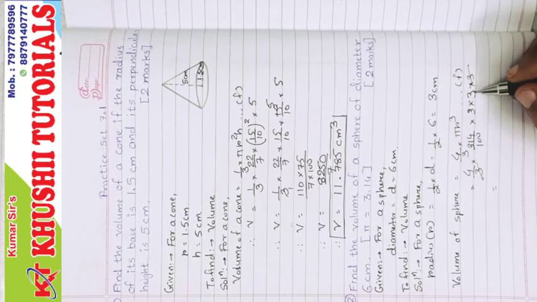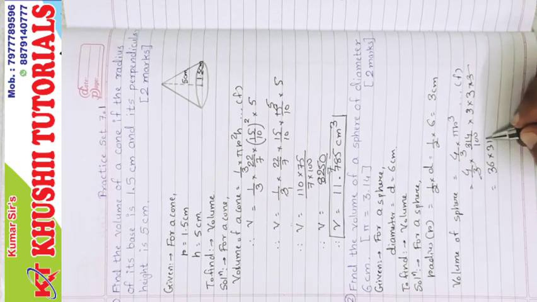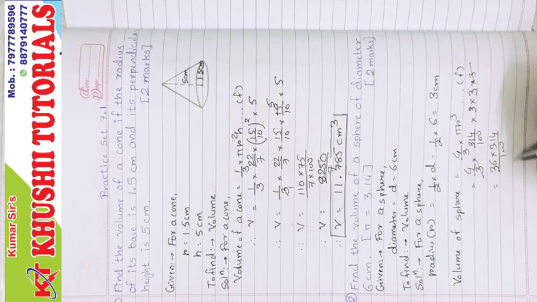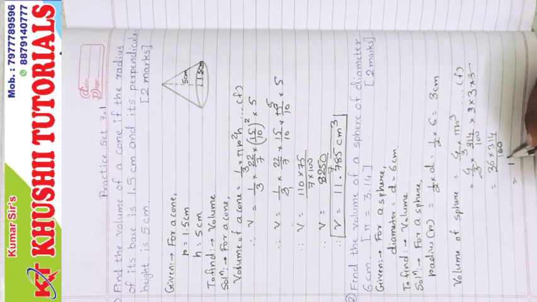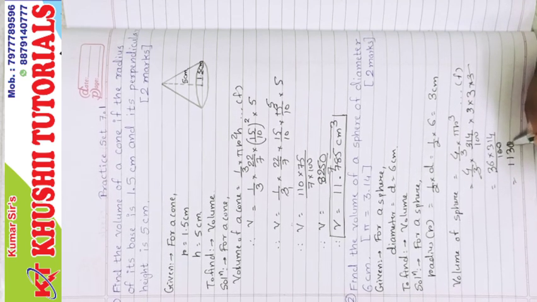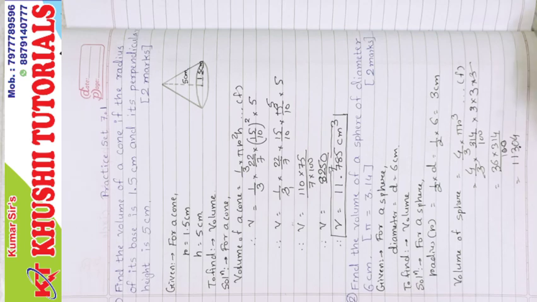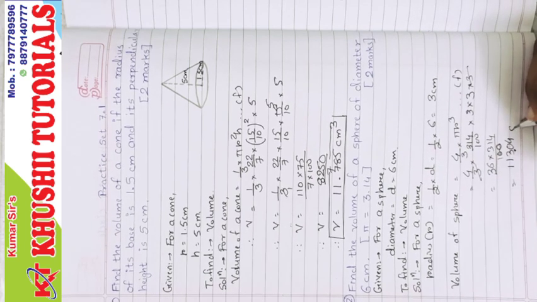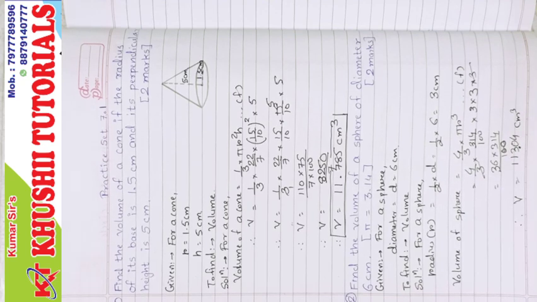Now 4 into 9, 9 4s are 36. 36 into 314 upon 100, and the product of 36 into 314 is 11304, and we have two zeros in decimal, so 113.04. Unit is centimeter cube, and that is the volume of sphere. This is the end of sum number 2.